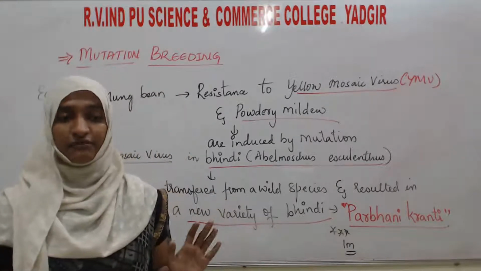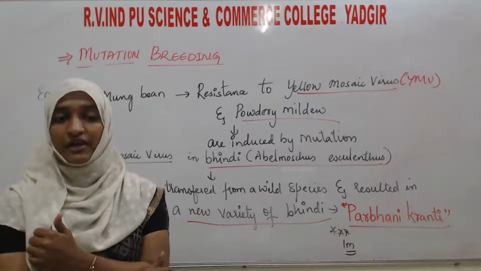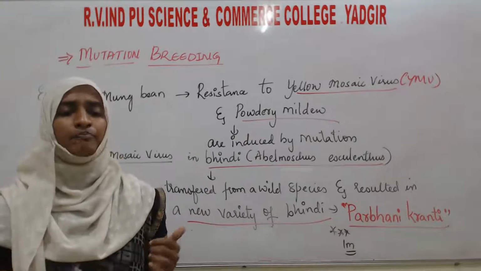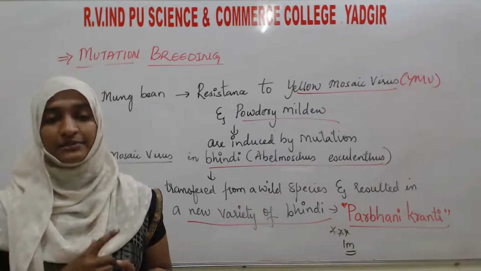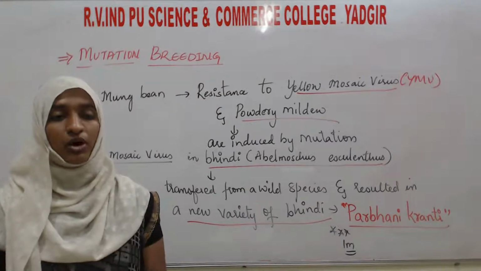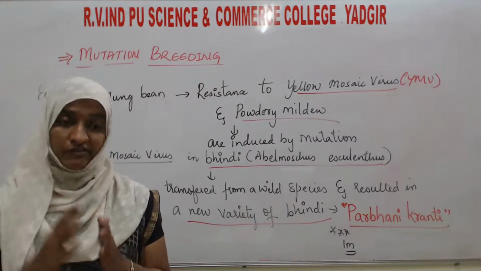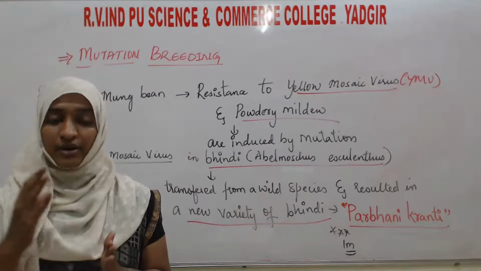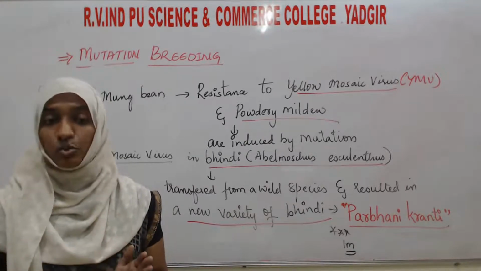Next, see here, in mutation breeding, the examples given involve the same species. They are not taking from different species and crossing them. Whatever the crossing method is, that is by sexual hybridization, whereas the process of mutation breeding is between the target and the source plant.